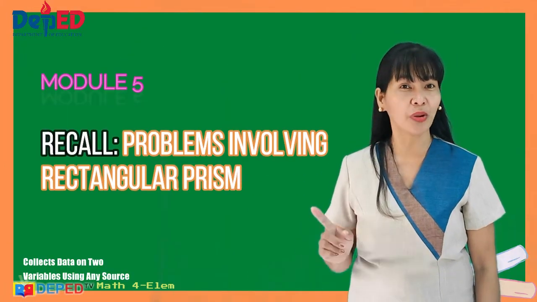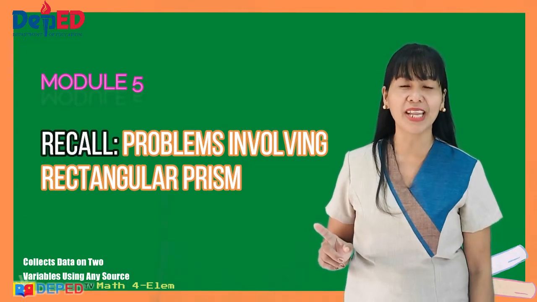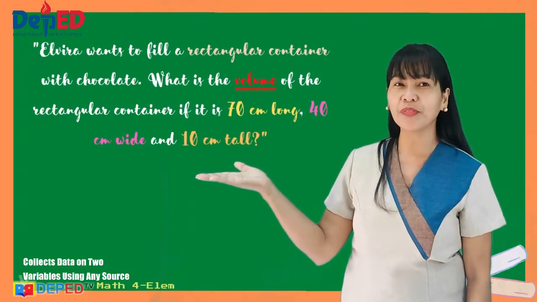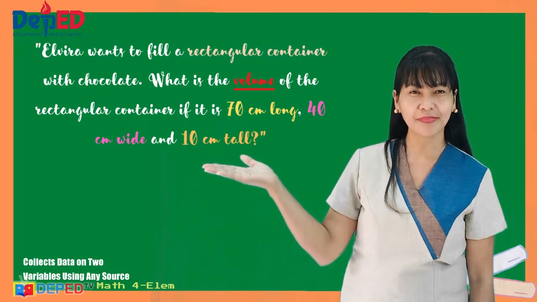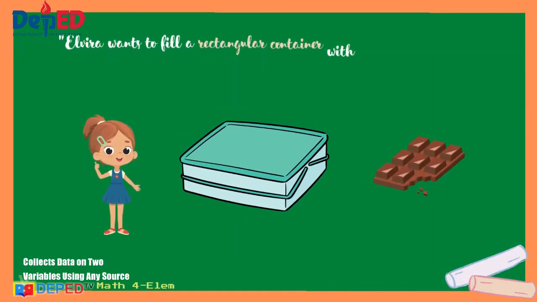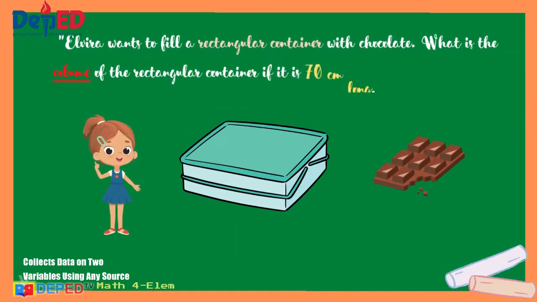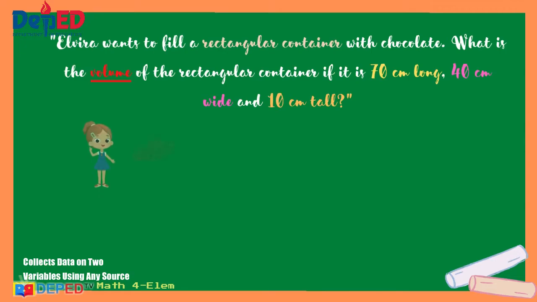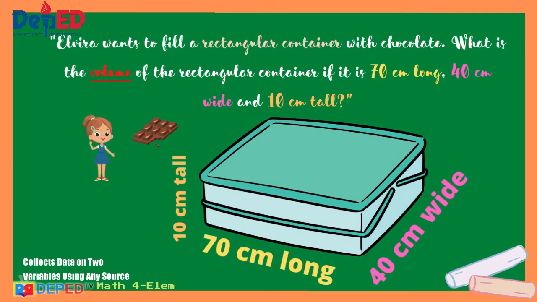Let us first recall our Module 5 lesson. Let's solve this problem. Elvira wants to fill a rectangular container with chocolate. What is the volume of the rectangular container if it is 70 centimeters long, 40 centimeters wide, and 10 centimeters tall?